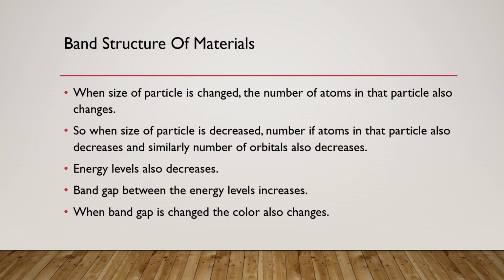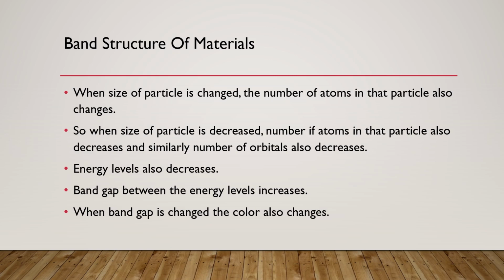Now, when the size of a particle is changed, the number of atoms in that particle also changes. Suppose the size of the particle is decreased; then it is understood that the number of atoms in that particle also decreases, and similarly the number of orbitals also decreases, because atoms are removed, and so their orbitals will also be removed.